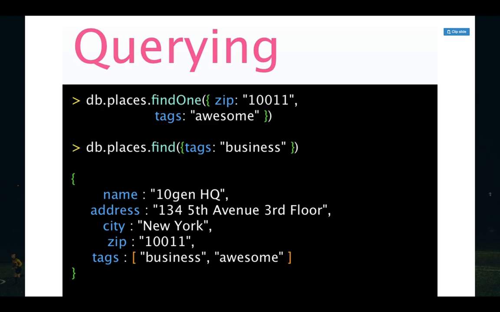It will go into the collection of places, find zip ID 10011 and text as awesome, and it will return only a single document because we have written findOne.